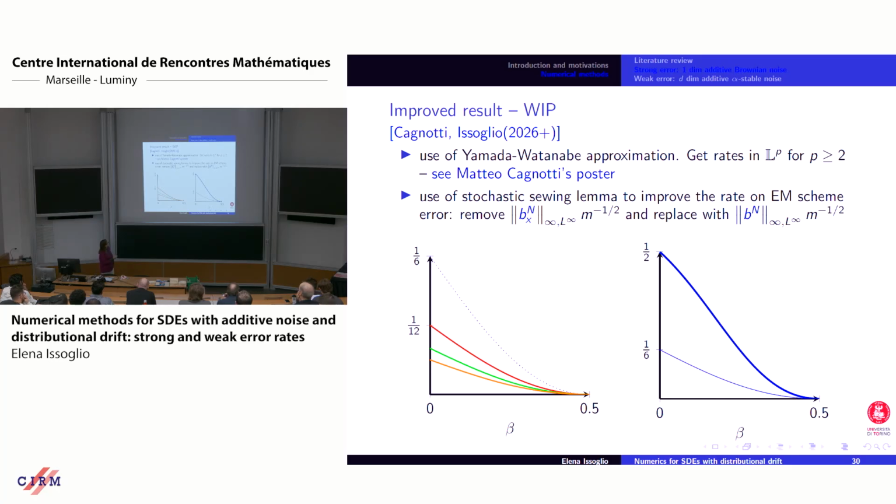And he's also working on trying to remove this bad term that came out from the numerics, and he managed. This is still nowhere to be seen on the arXiv, but he should write a paper soon. So with being able to remove this term and replace it with this, the rate, which was this one so far, became this one.